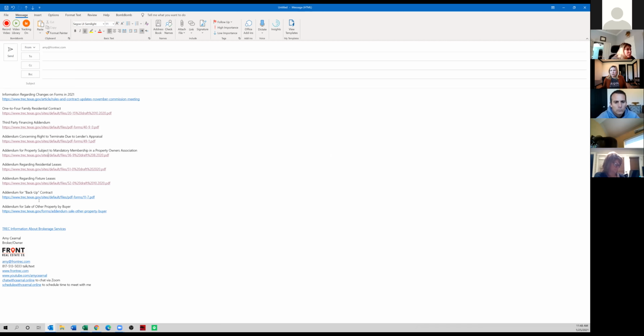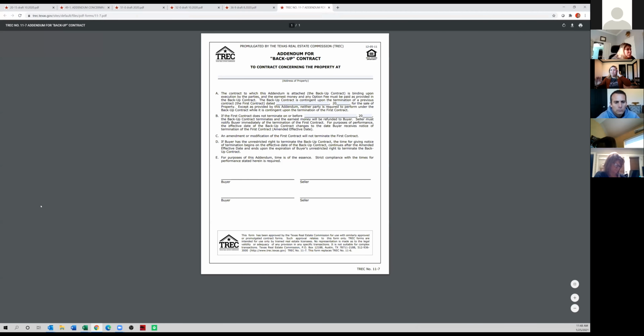All right, let's talk about backup just a little bit, because it's an often confused form. I'm just going to read through this one really quick. It says the contract to which this addendum is attached is called the backup contract. It is binding upon execution by the parties, and the earnest money and any option fee must be paid as provided in the backup contract.